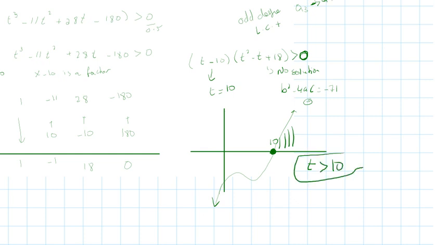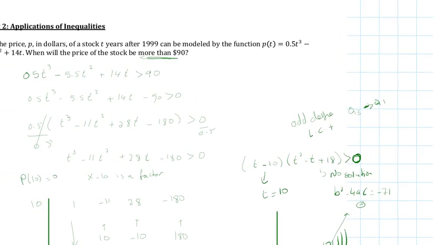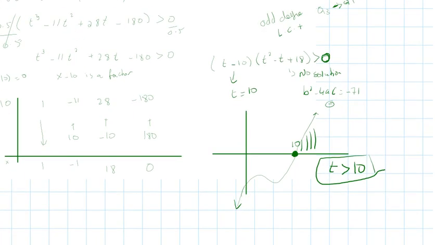So therefore, the price of the stock will be above $90 after 10 years, which is 1999 plus 10 years, so that's 2009.